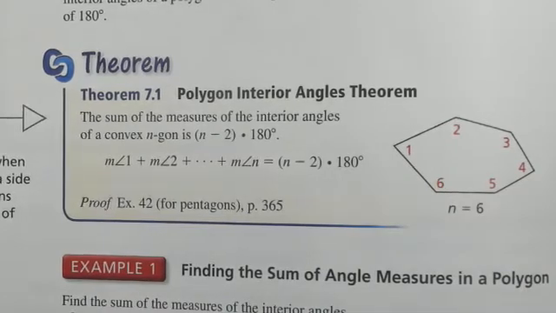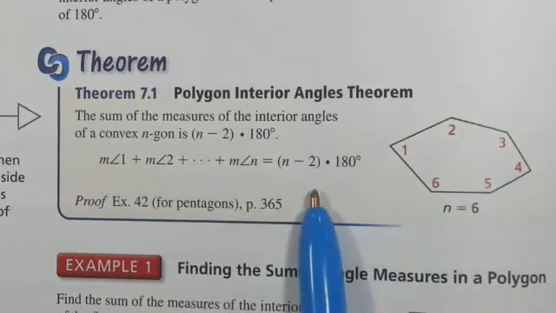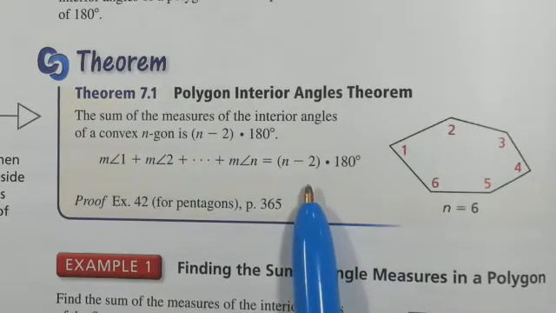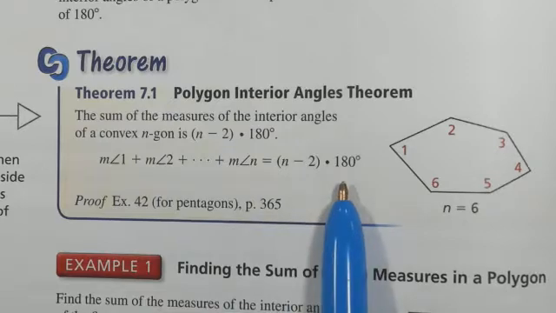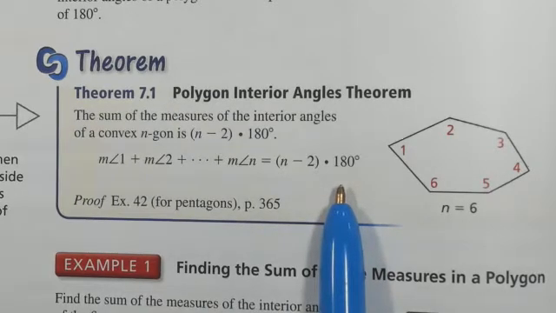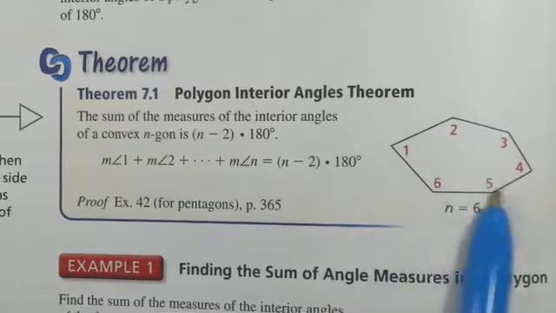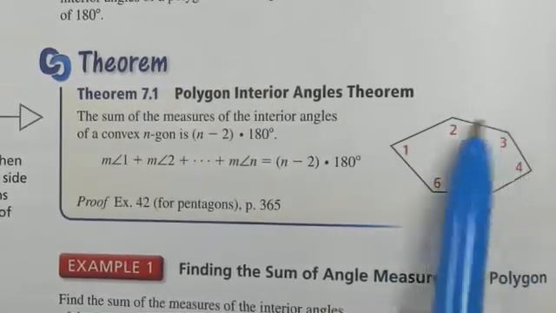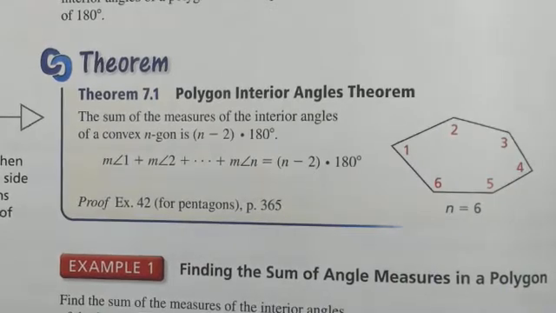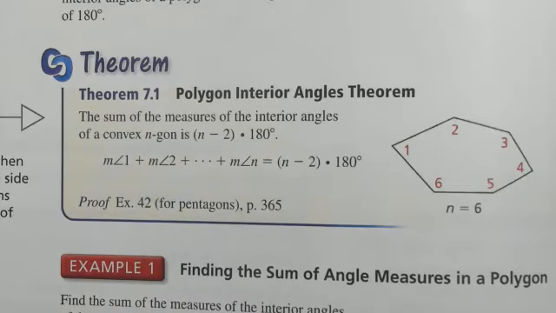So what is n minus 2 times 180? 6 minus 2 is 4, right? 4 times 180, what is that, 540? Let me just make sure, it's hard to do in my head. 4 times 180, nope, I was wrong, 720.